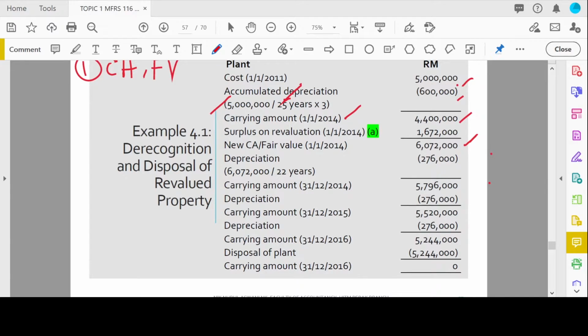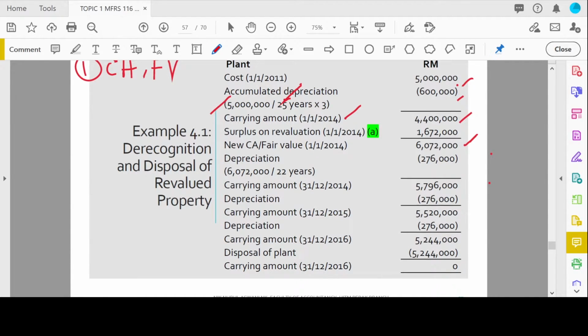In order for us to find out the carrying amount at the end of the year, we need to calculate depreciation. So how to calculate the depreciation? You take the new gross carrying amount or the fair value, which is 6.02 million, divided by the remaining useful life after the revaluation, which is 22 years.